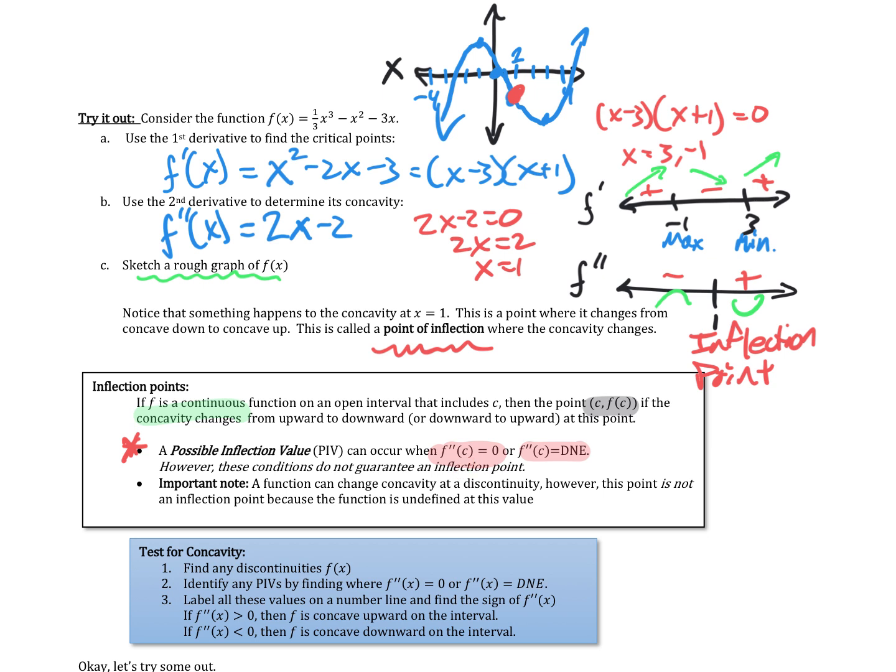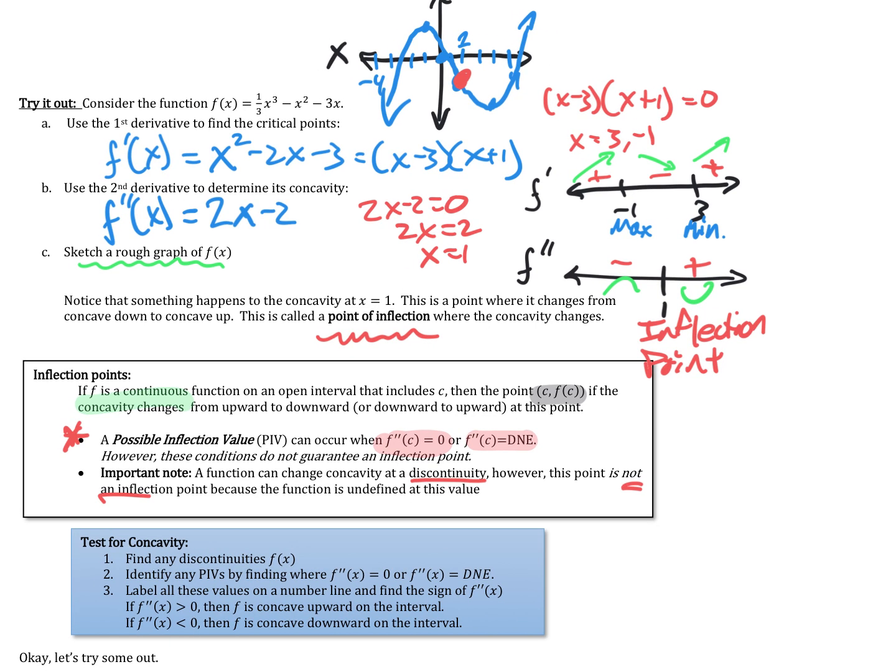It's important to note that if we have a change in concavity, but it happens at a discontinuity, then this is not an inflection point. If we have a graph that is concave down here, and then at 0 it changes to concave up, but it is undefined at 0, then there is no inflection point at 0. You can't have an inflection point if it's not defined.